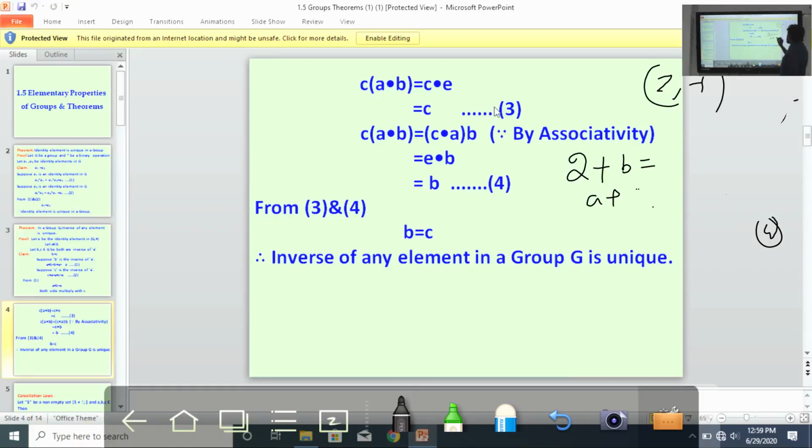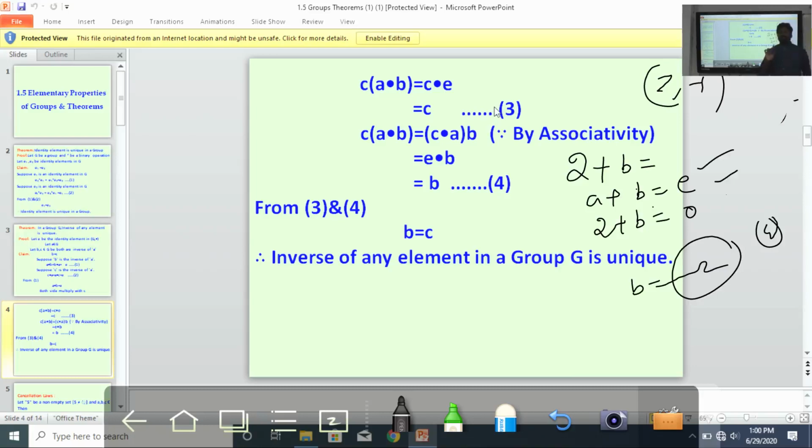A plus B equal to E. Take A equal to 2, B equal to, with additive identity 0, so B equal to minus 2. Minus 2 is the only additive inverse of 2. Similarly, minus 3 is the additive inverse of 3. So the inverse of any element in G is unique.